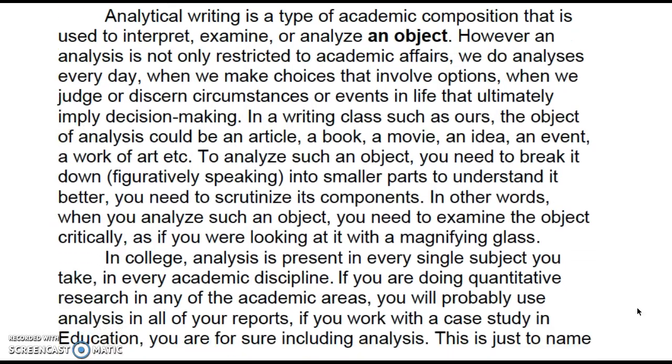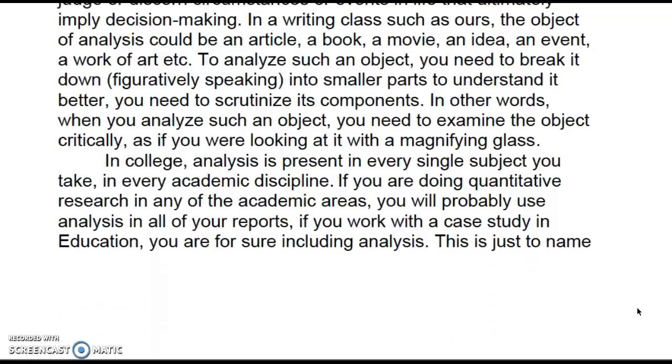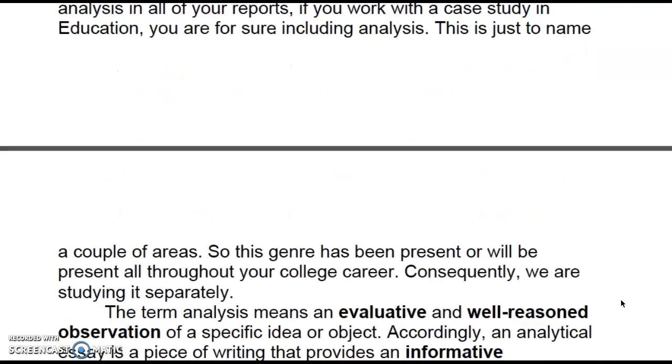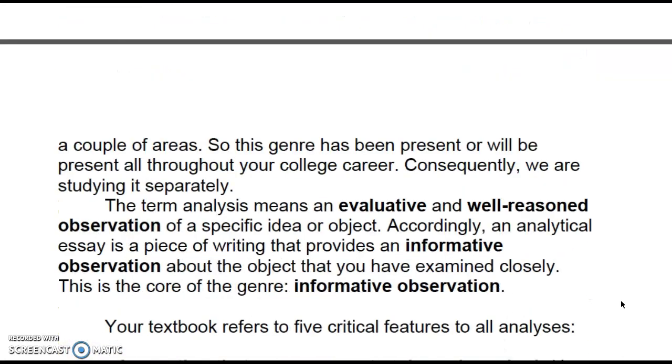In part 1, I introduce analytical writing, which I define as scrutinizing an object, like using a magnifying glass to see the contents, the what of the object, what information is presented in an article, but also the how. So I define analysis using these two separate levels.